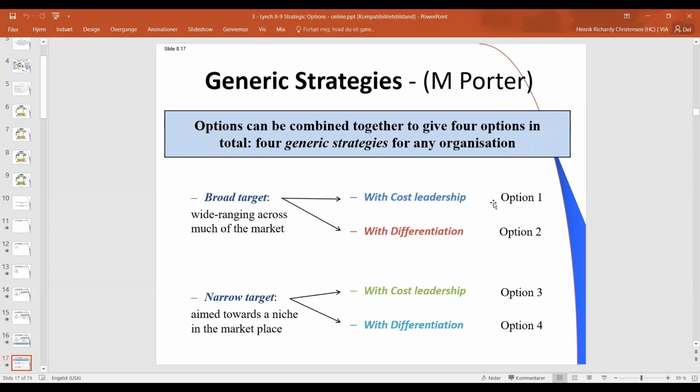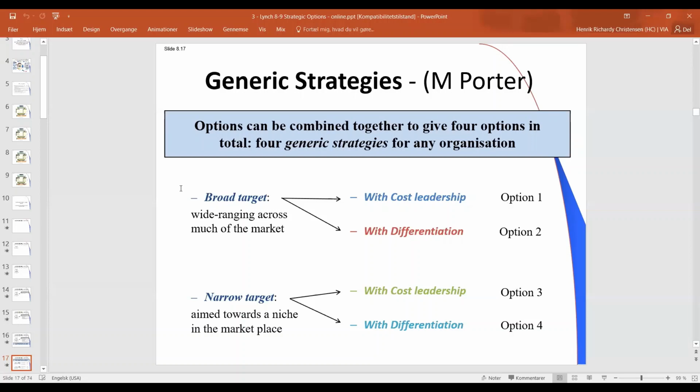It also means that if we want to be able to make a decision, whether it's a yes, maybe a no, to have a broad target with cost leadership, we must understand and know our data from the external analysis. Otherwise, we cannot make that suggestion.